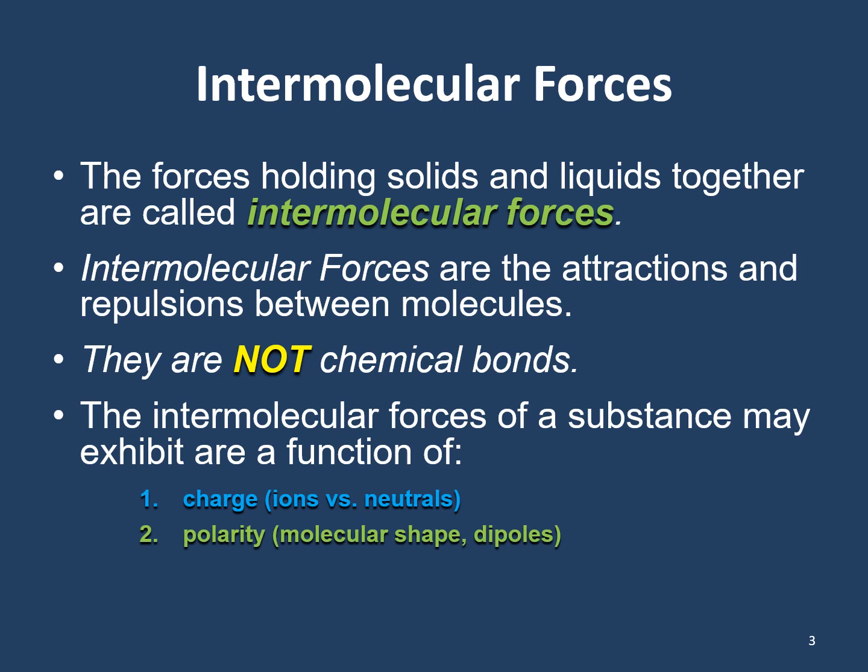If a molecule is polar or nonpolar, that'll definitely affect the types of intermolecular forces that are present in that molecule. And finally, molar mass actually affects only one of our intermolecular forces, particularly its strength. And we'll get to that in the next lecture video. It doesn't actually have any effect on what types of intermolecular forces are present, more just the strength of one particular type of intermolecular force.